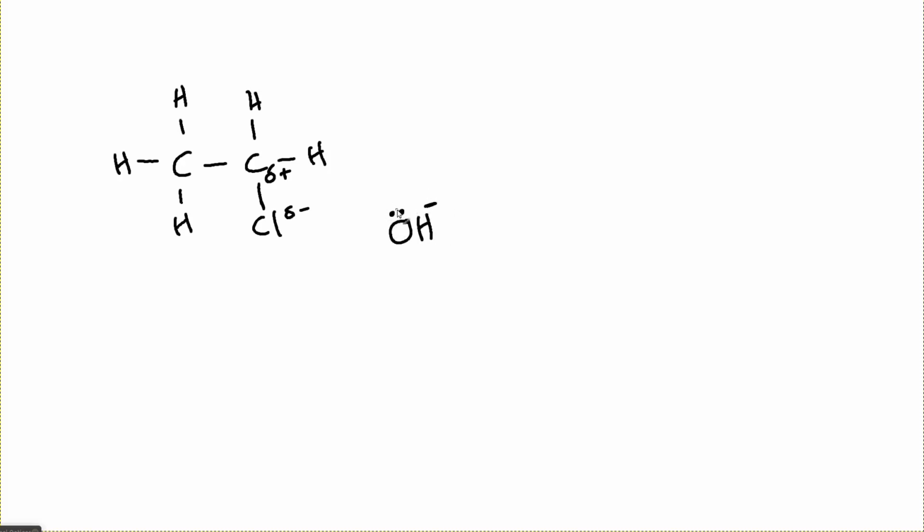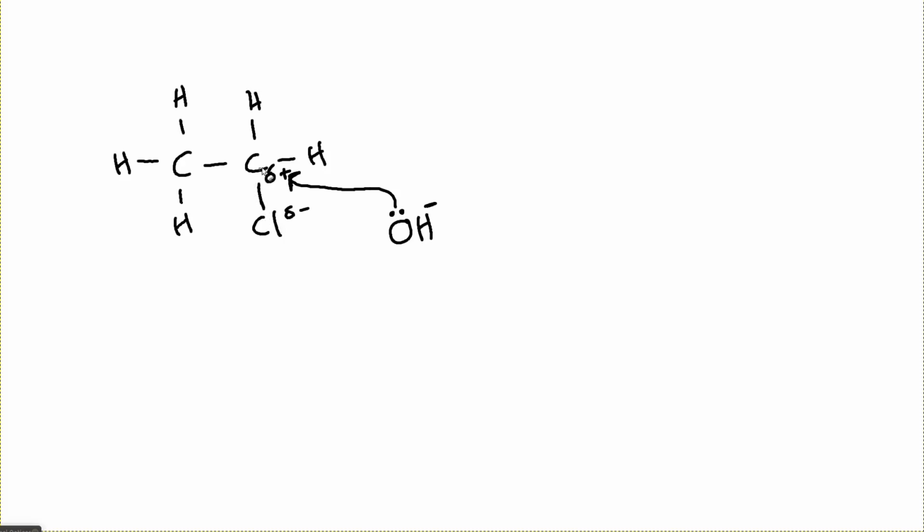And it's an electron-rich species that then seeks out a positive centre, which is what this carbon atom is here. So that pair of electrons on that oxygen is attracted to that positive centre there, and it starts to form a bond. So the curly arrow again shows the movement of a pair of electrons and that pair of electrons is starting to form a bond into that partially positive carbon atom.